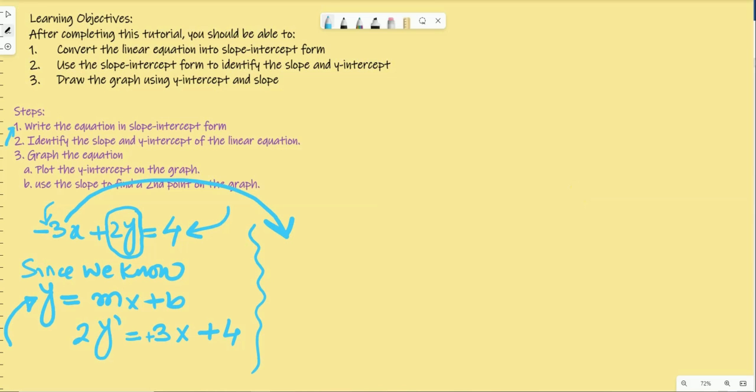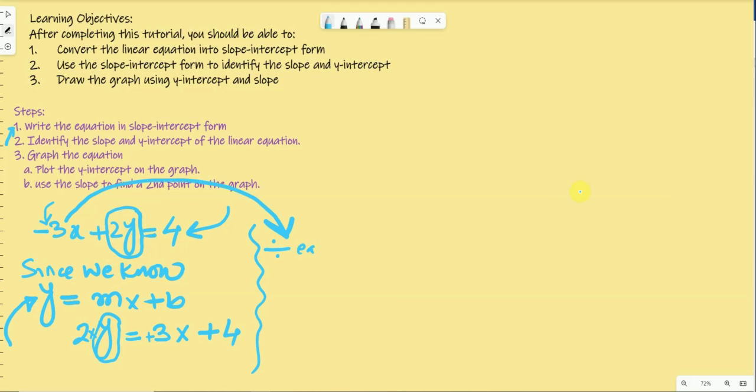To isolate y, we have to divide this term by 2, because 2 is multiplied with y, and to get rid of this 2, we have to divide 2y by 2. But when we divide this term by 2, we have to do the same operation on the other side of the equation to balance it. Because in math, if you are doing one operation on one side, the same operation you have to do on the other side. So let's divide each term by 2.